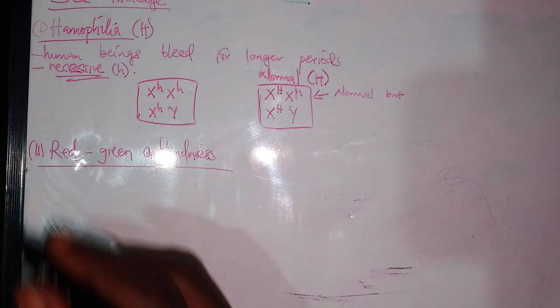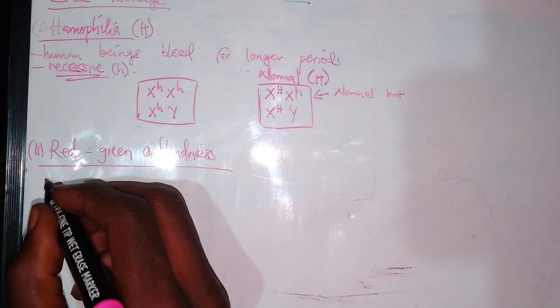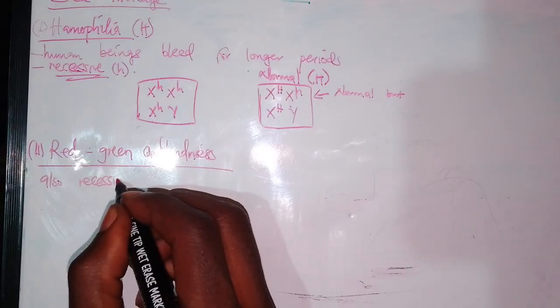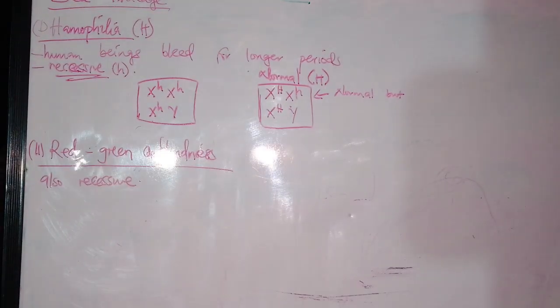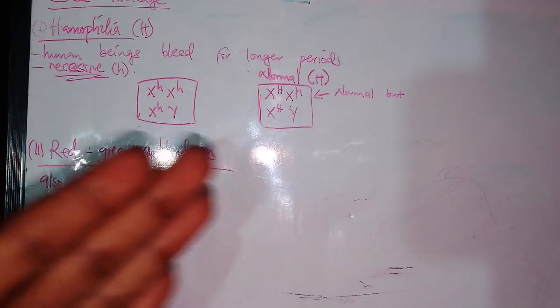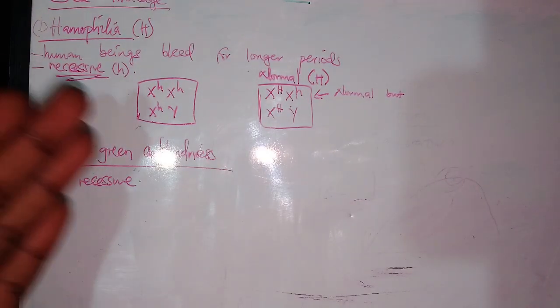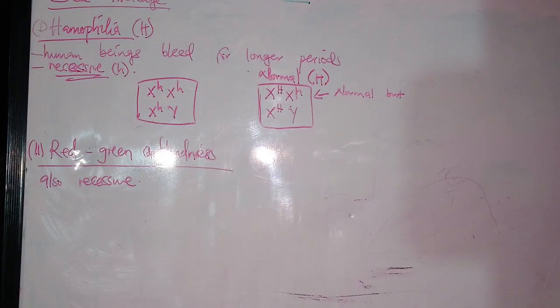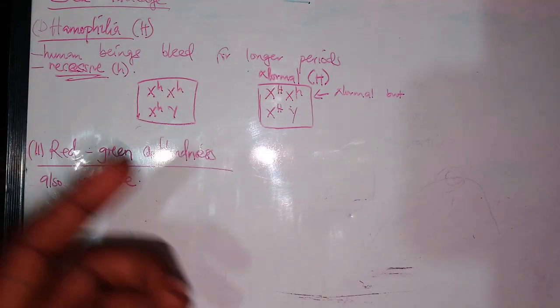And this disease is also recessive, meaning you only get the disease if you have two small letters. If you have any capital letter, that person is normal or is normal but a carrier.